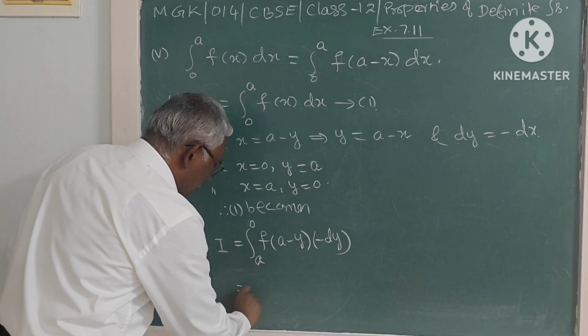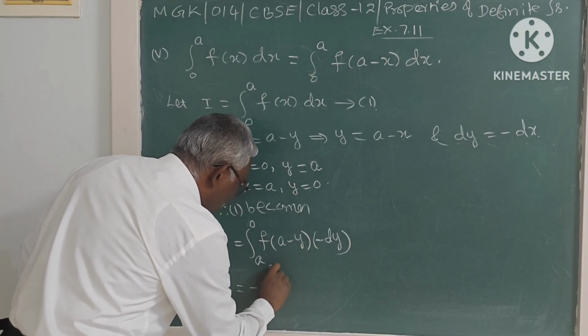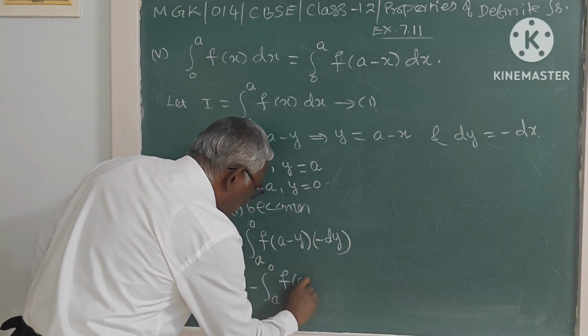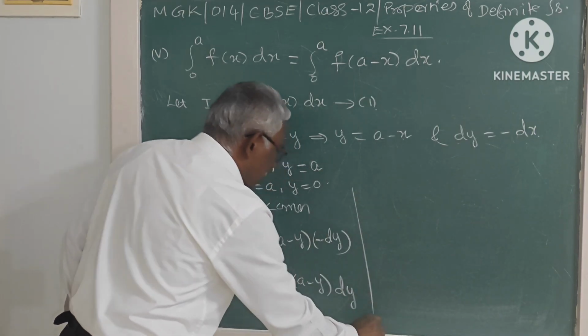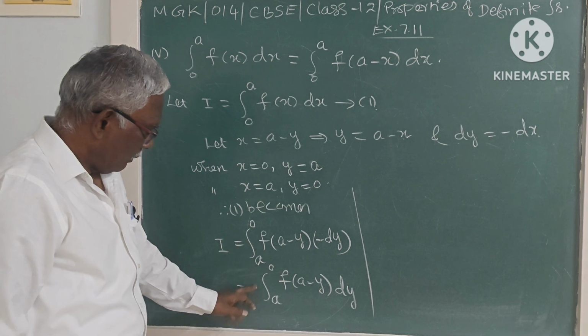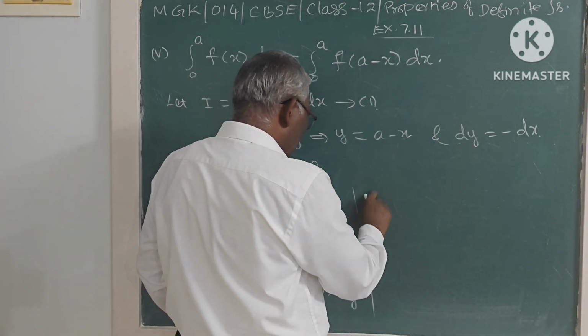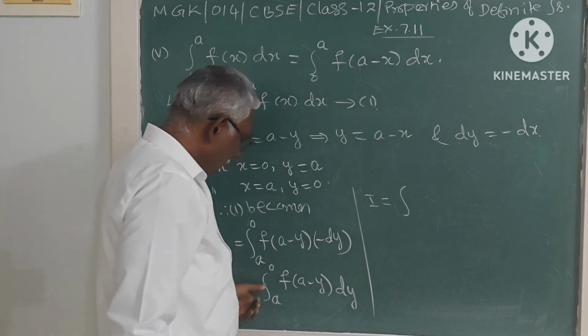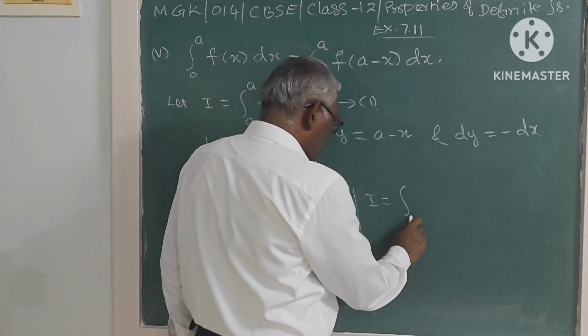We can take the minus sign outside. Minus integral a to 0 f of a minus y dy. So we can write this as I is equal to integral 0 to a f of a minus y dy.